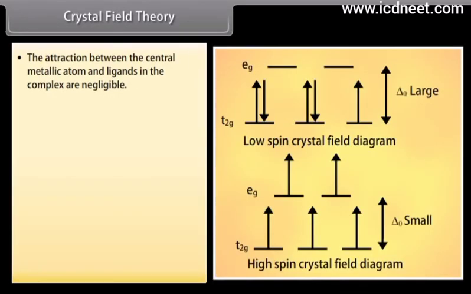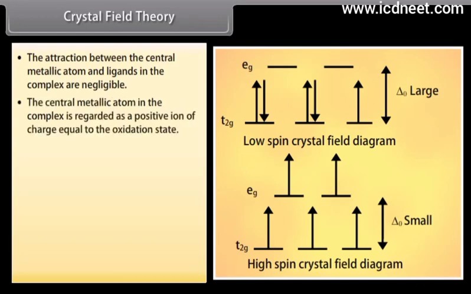Crystal field theory. The important points of the crystal field theory are following. The attraction between the central metallic atom and ligands in the complex is purely electrostatic. The central metallic atom in the complex is regarded as a positive ion of charge equal to the oxidation state.